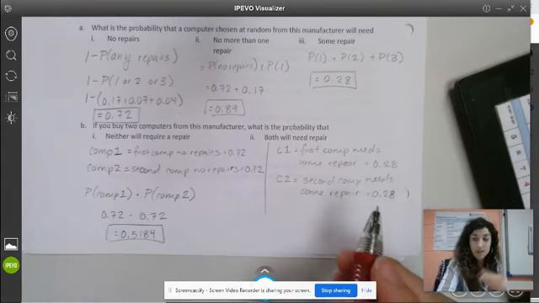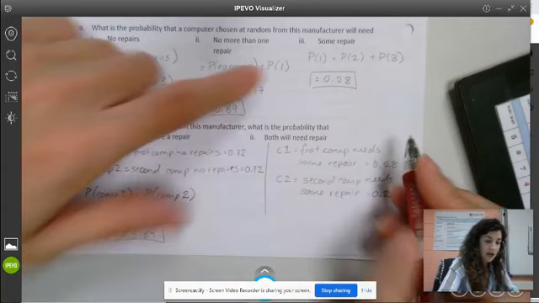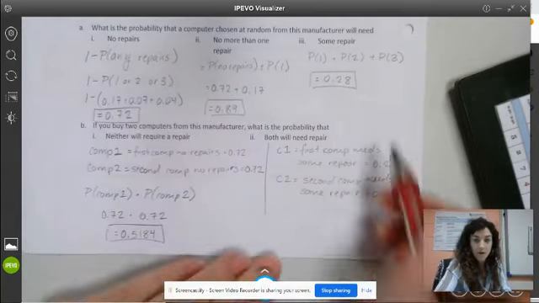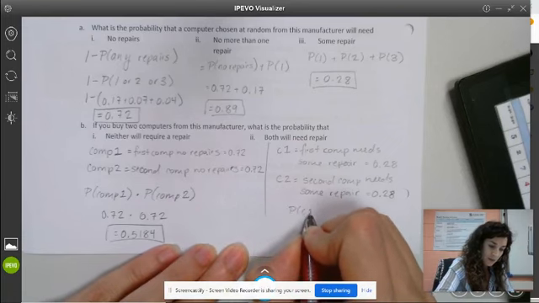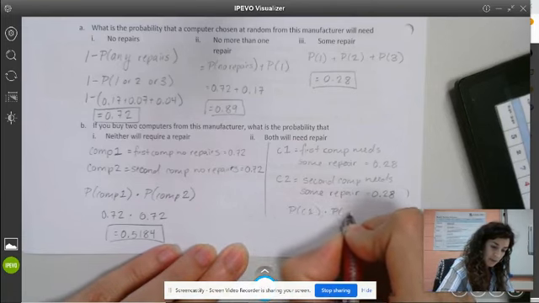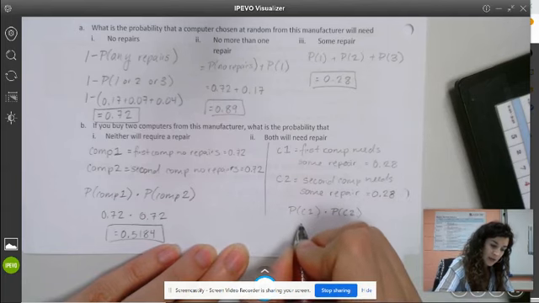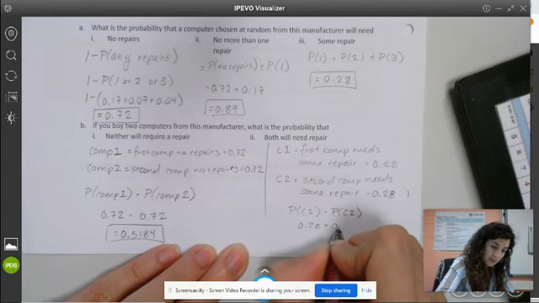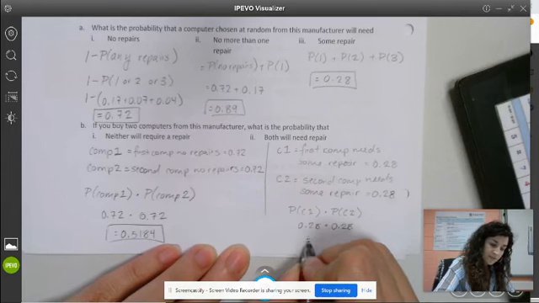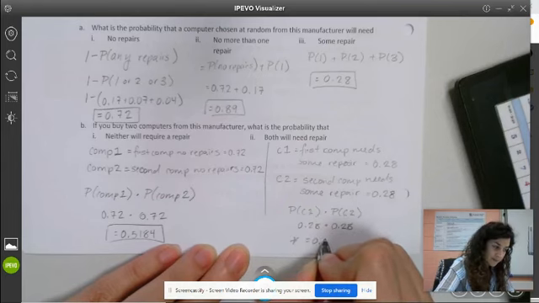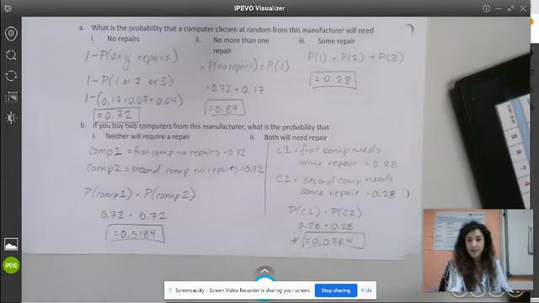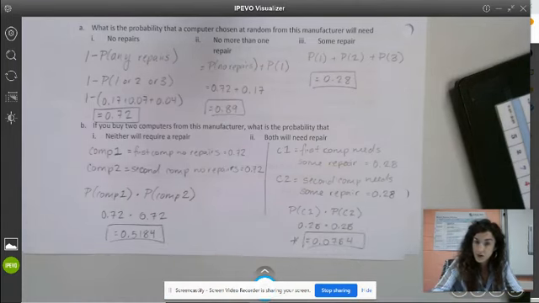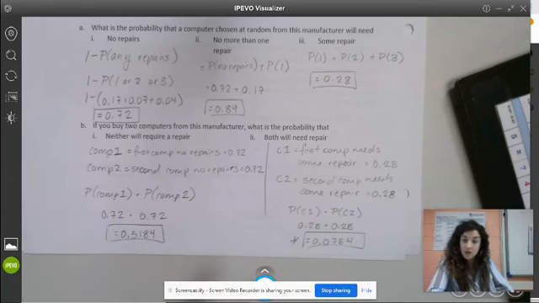But since it says both of them will need some sort of repair, you take the probability of some repair that we found up there and say probability of C1 times probability of C2, which is 0.28 times 0.28. That results in 0.0784. Pretty small.